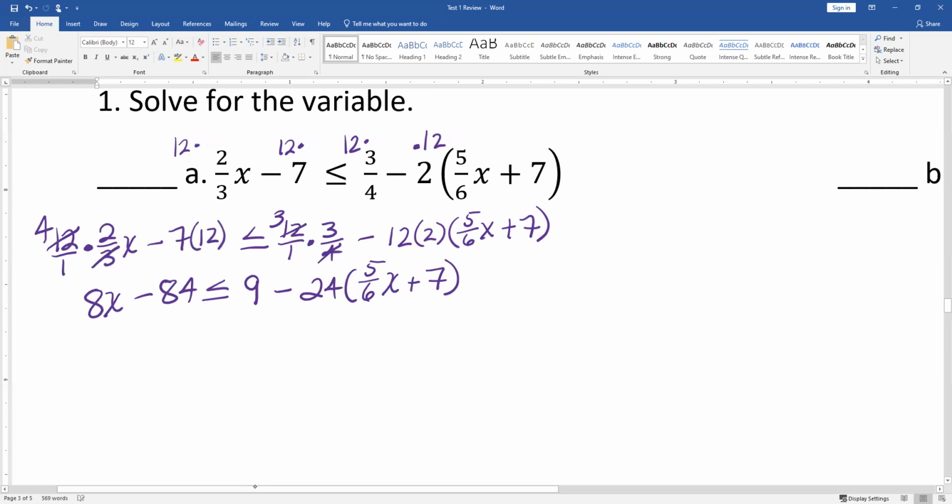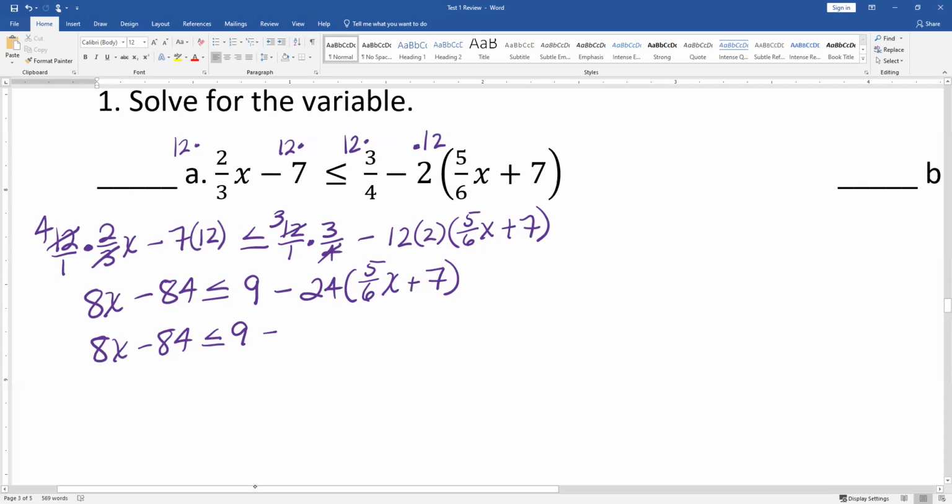The right side, we need to continue to simplify. So you need to distribute that 24 into the 5/6x plus 7. So this is a 9. Now, can we get rid of the 6 when we multiply 5/6 times 24?